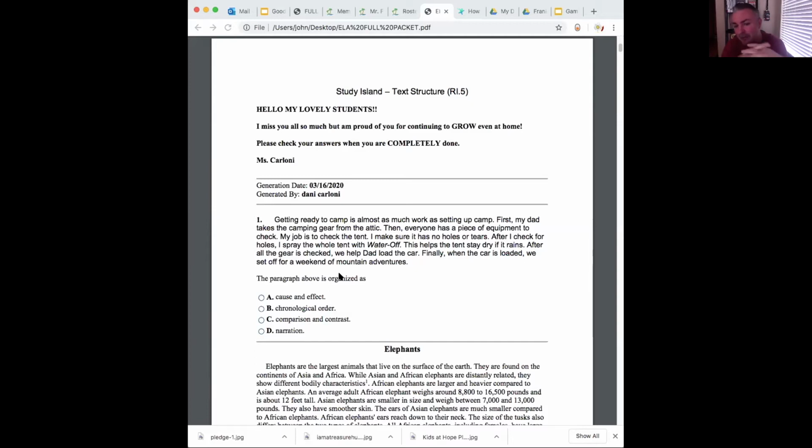Could be. For me, when I saw that they said the words that are used in chronological order, first, then, next, finally, that's what sealed the deal that it was chronological order. So if I were choosing an option, I would choose chronological order.